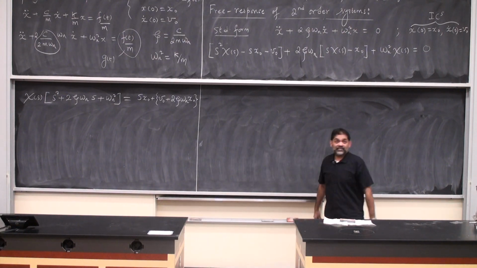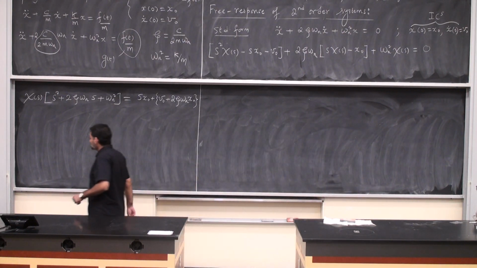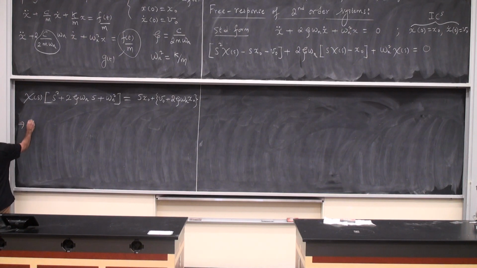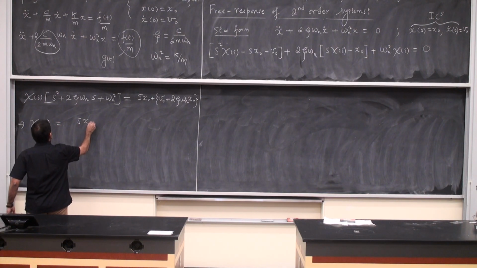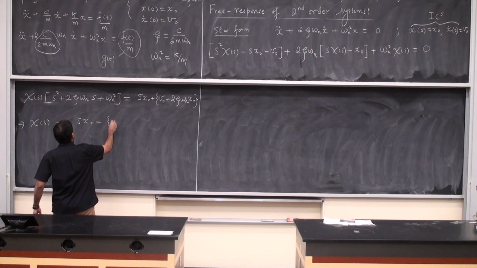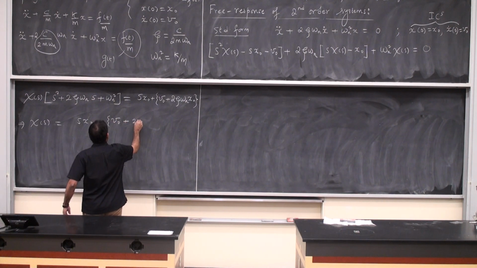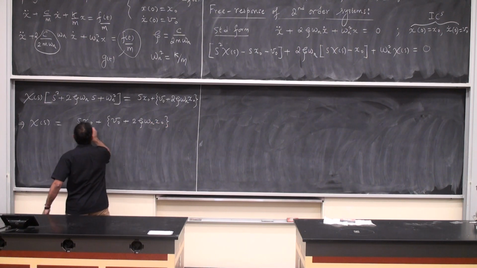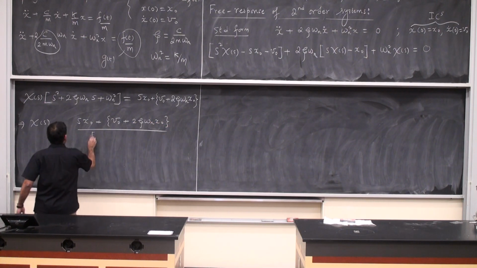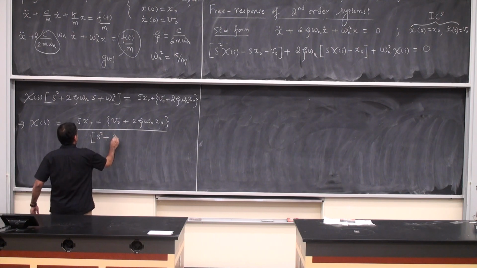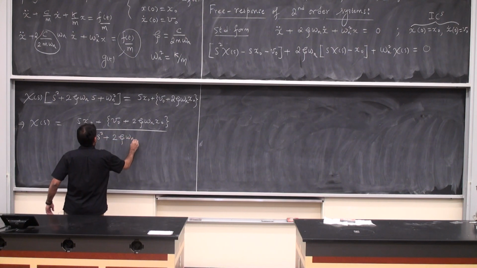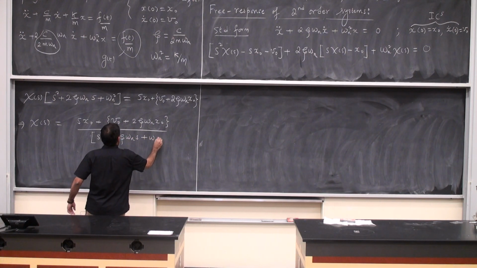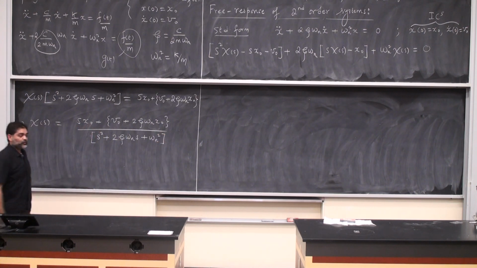Or I can write X(s) as that divided by this polynomial: (s times x naught + v naught + 2 zeta omega n x naught) divided by (s square + 2 zeta omega n s + omega n square).